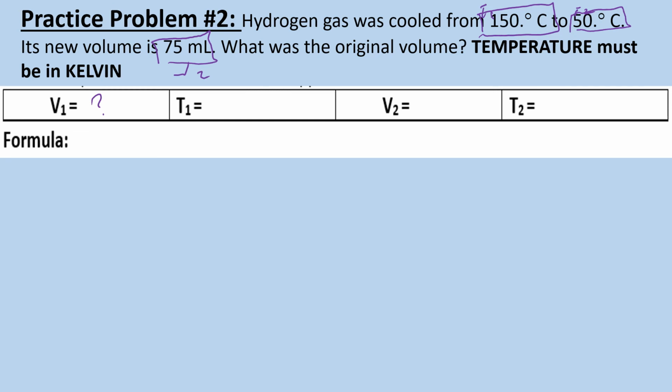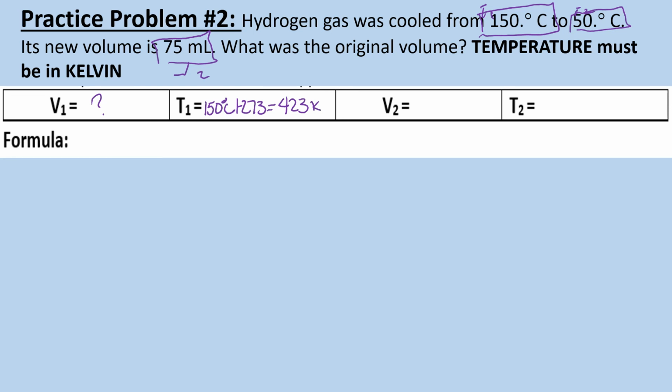T1, our initial temperature, was 150 degrees Celsius. We need to convert that to Kelvin, so plus 273 should equal 423 Kelvin.